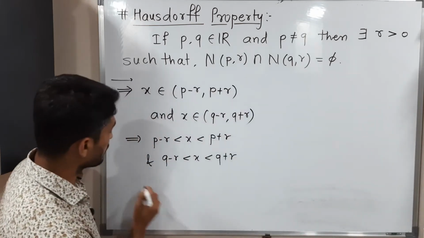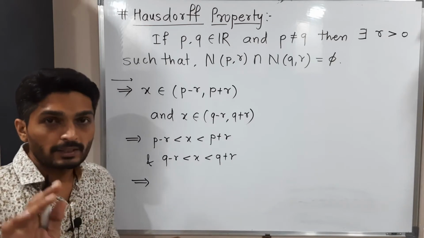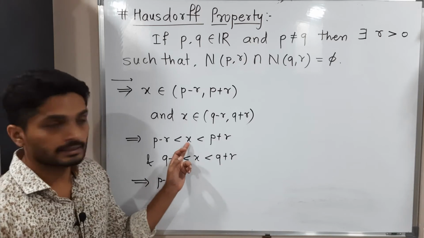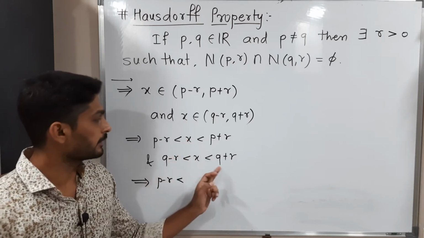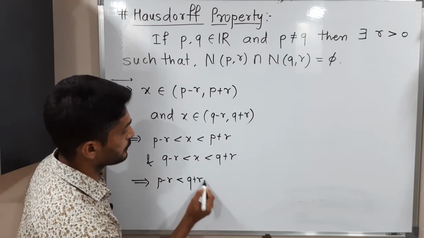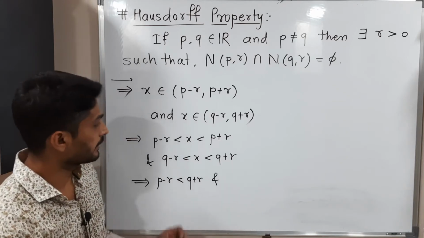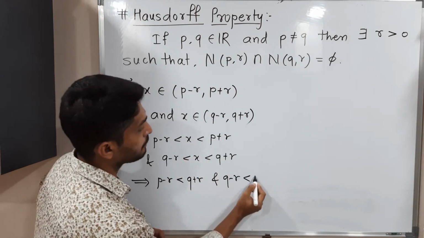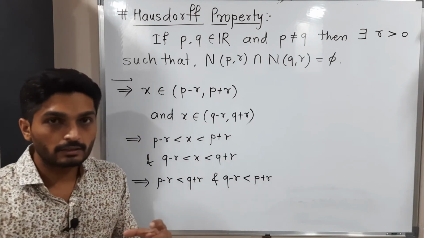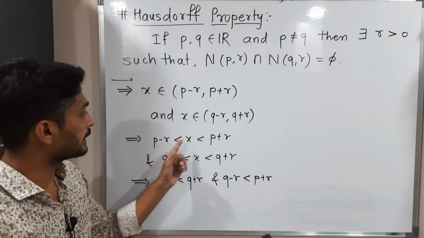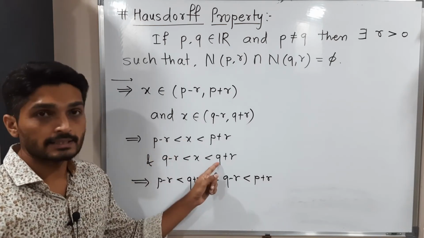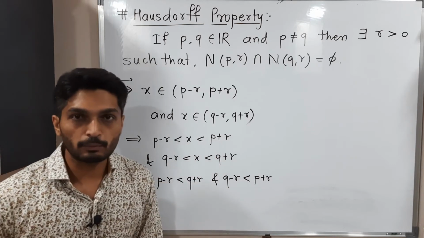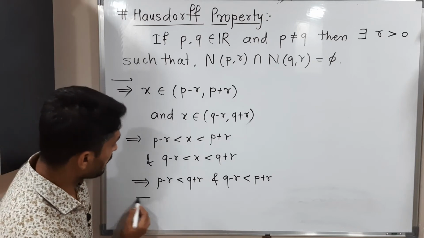Okay, so let us continue. Implies, what can we write? One thing we have, p minus r less than x, and x less than q plus r. And we also get q minus r less than x, but x less than p plus r. So we combine those inequalities in this way: a less than b, but b less than c, so a less than c. Such a thing we have done there. What will I do?